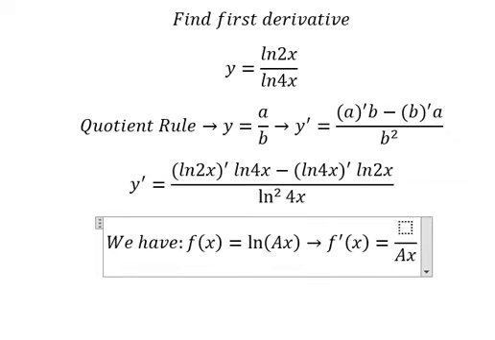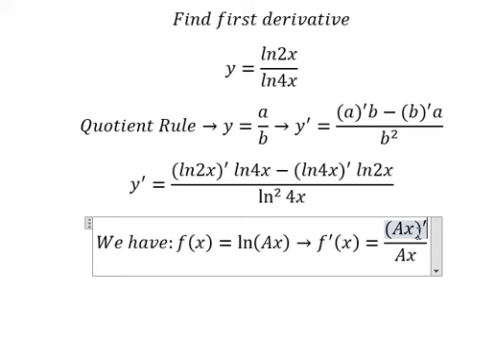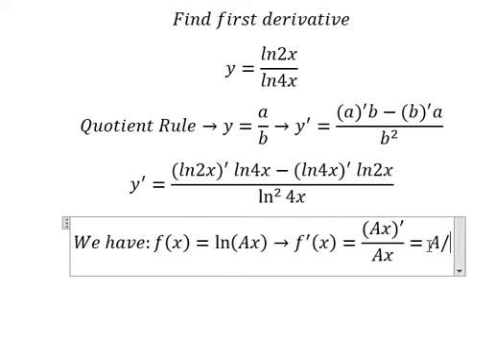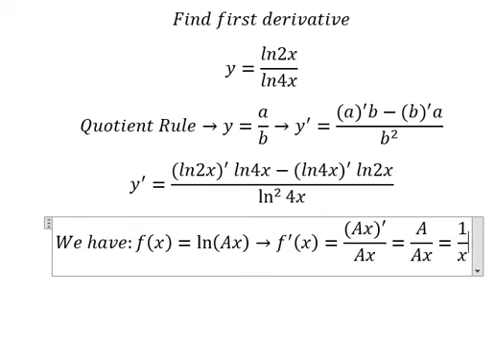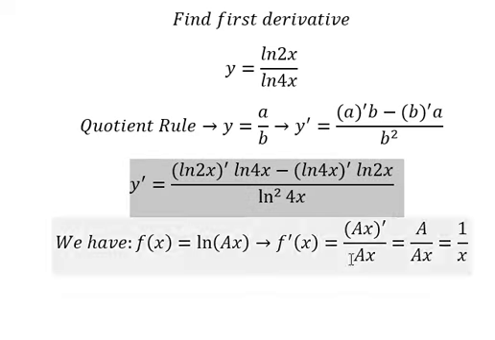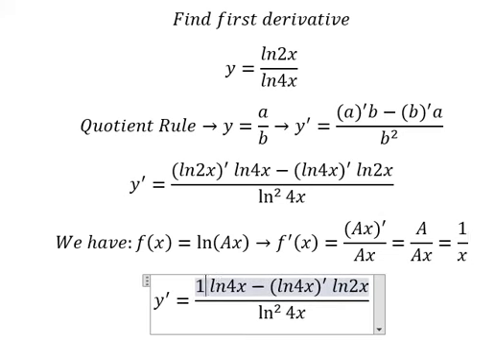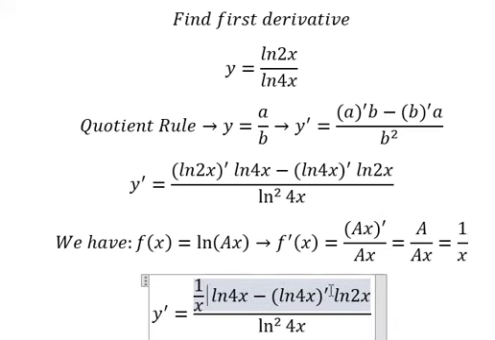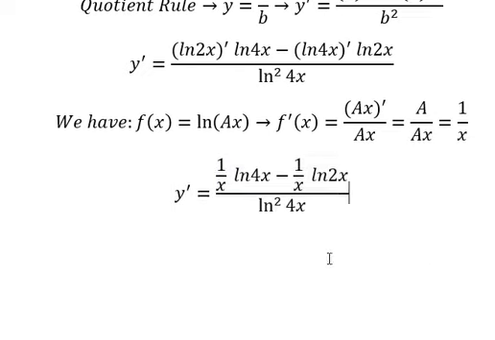Later that we continue do first derivative of as, and then first derivative of s, you got about capital A. And now we simplify, you got about 1 over s. So in this situation, this one you got about 1 over s, this one you got about 1 over s.